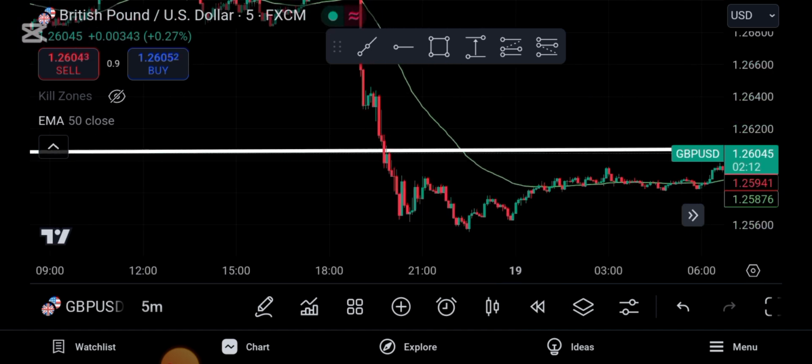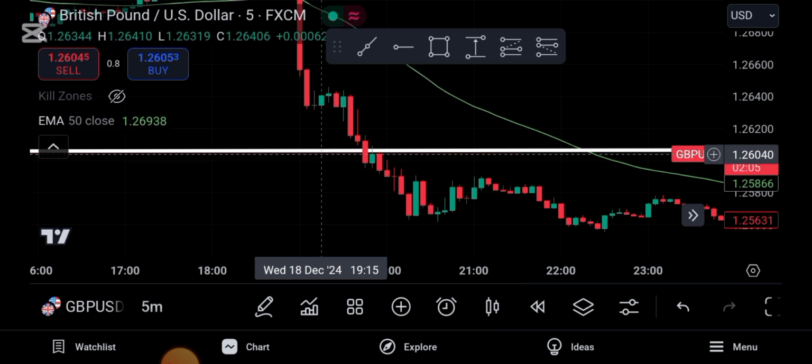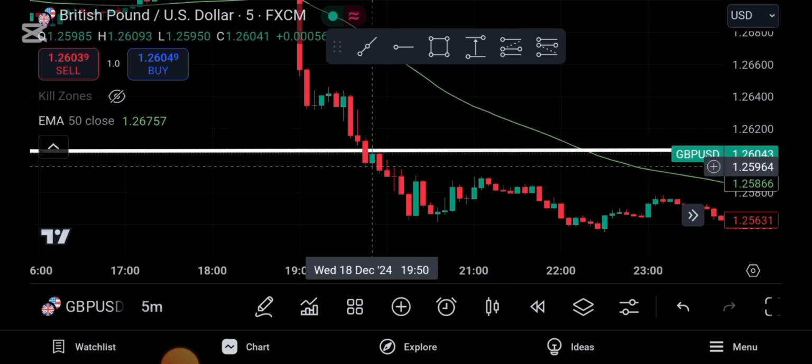Now this candlestick here that broke out of this trend line is a beautiful full candlestick that shows power to the downside. It tried to go back, but as you can see, it was pushed to the downside.